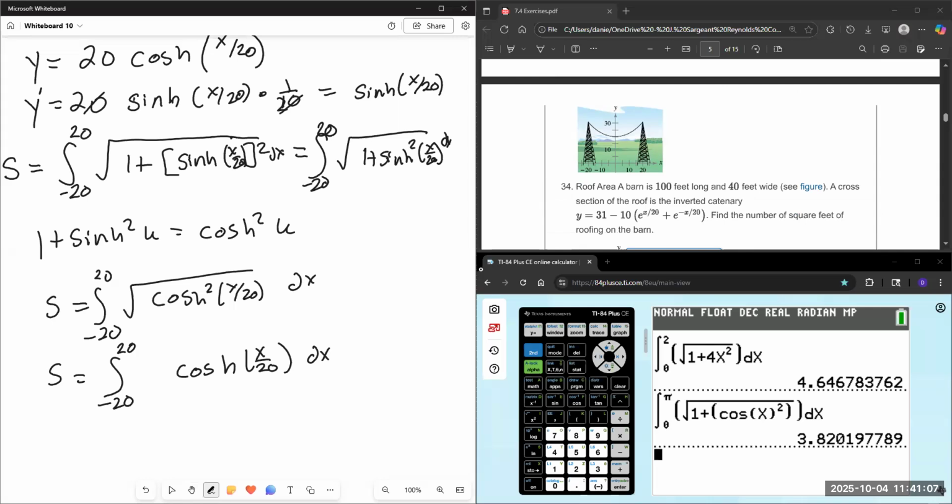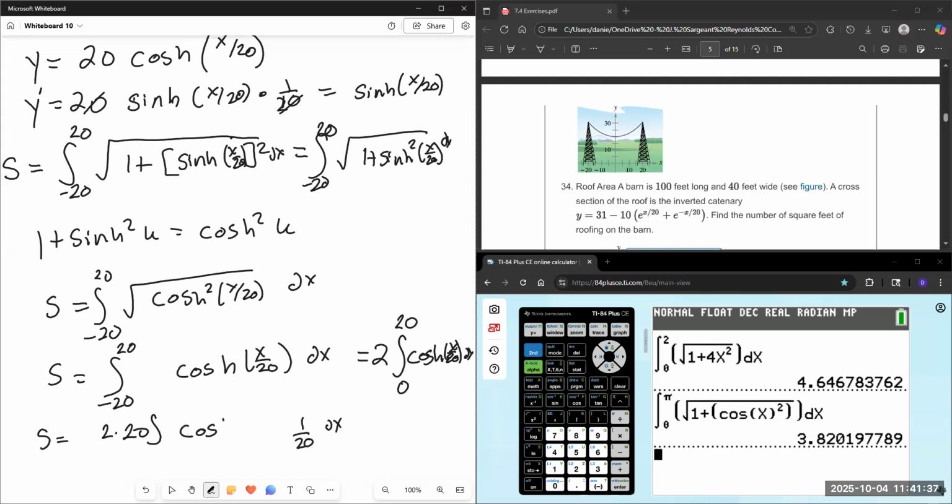So we can get the same answer here by going 2 times 0 to 20 hyperbolic cosine of x over 20 dx. So now we need to multiply by 1 over 20 on the inside and 20 on the outside.